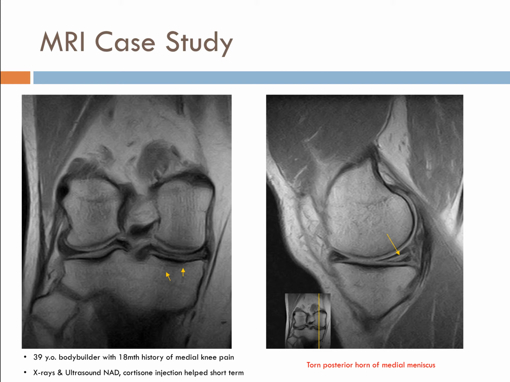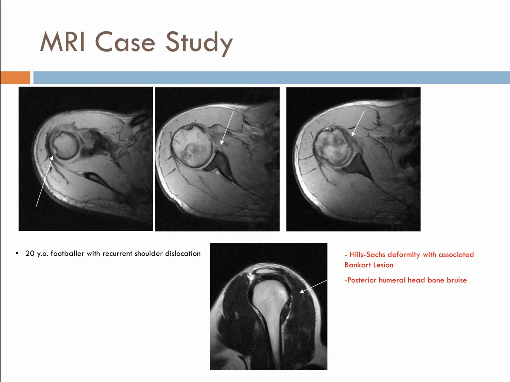And you see the big line where the yellow arrow's pointing, that's the tear within the meniscus itself. It should be consistent across all of it. It should have nice smooth borders, and it doesn't in this particular patient. So it's quite powerful in terms of imaging.